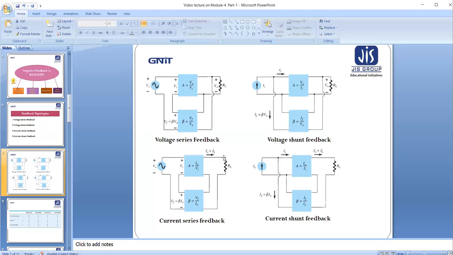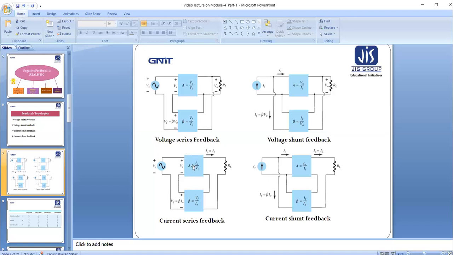So you will see that the current is flowing through the load resistance and going to this feedback portion. After feedback, it will produce some voltage due to this series term, and it is subtracted from our external voltage. So their subtraction will produce the actual input of the amplifier.